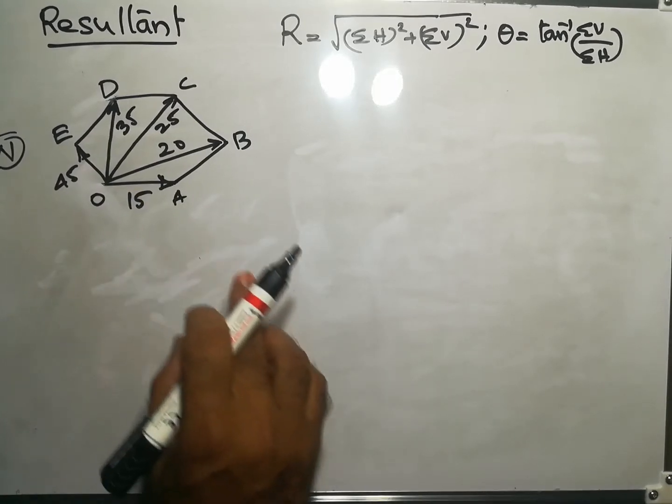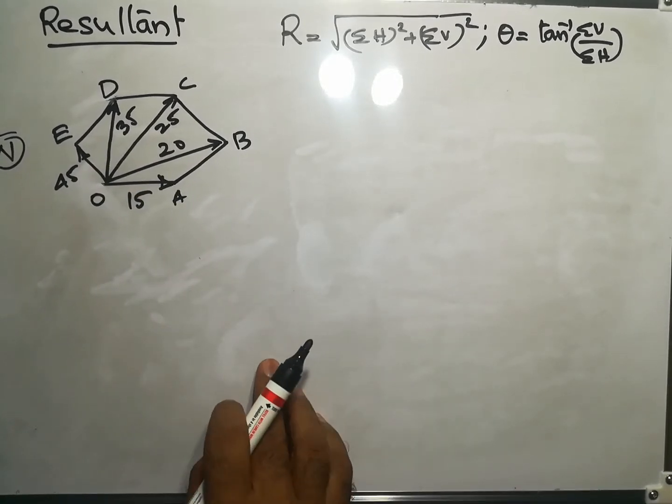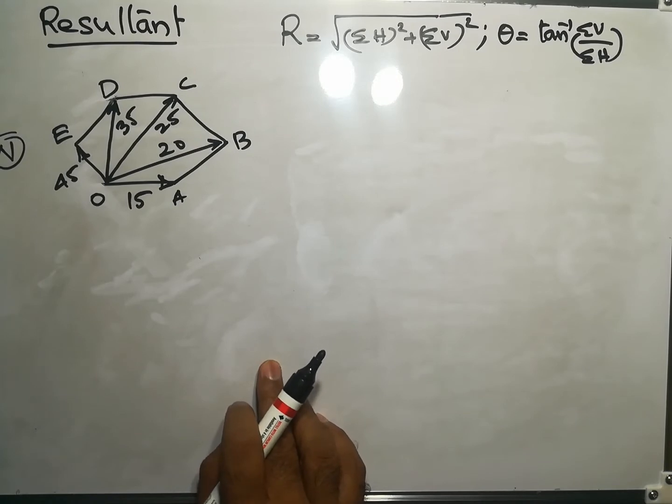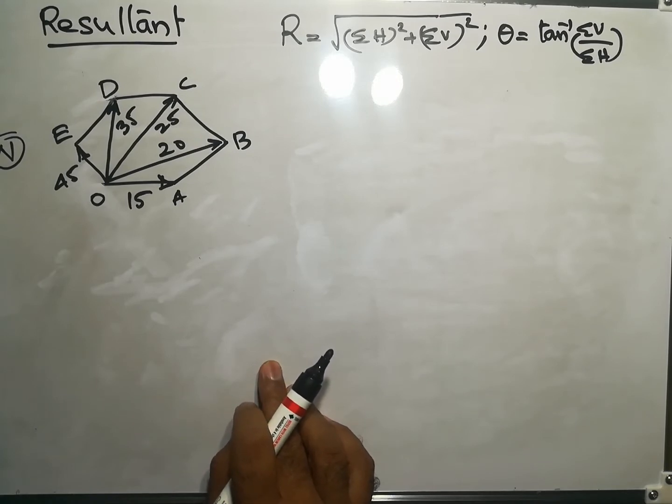That means you need to consider the direction as negative or positive, depending upon whether it is acting in the right direction or left direction. If it is acting from left to right, normally we consider it as positive, and if it is from right to left, then it is considered as negative.